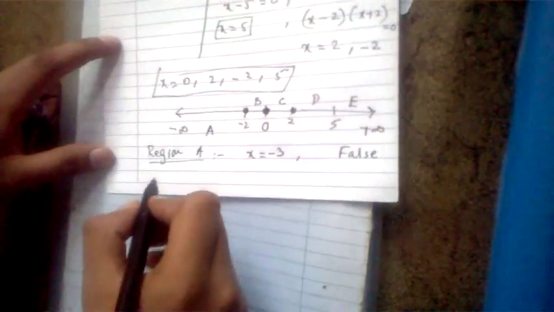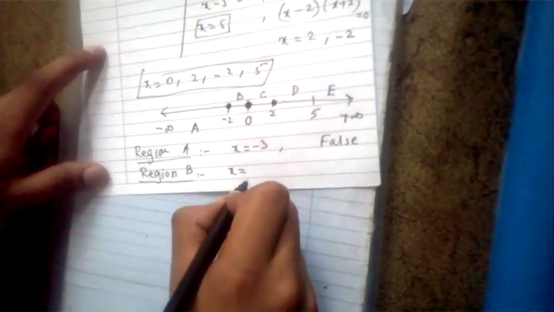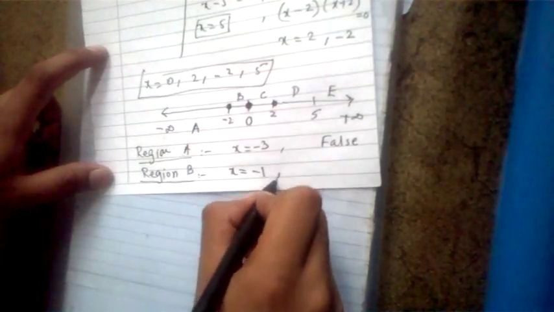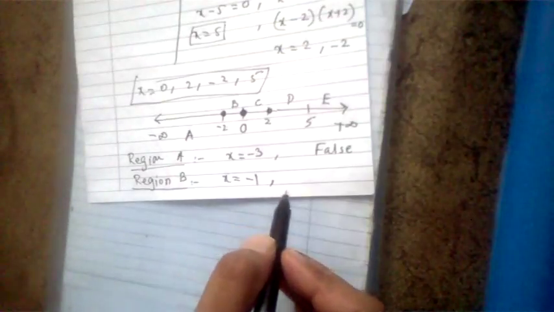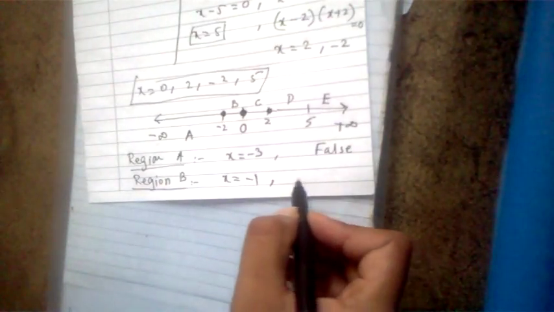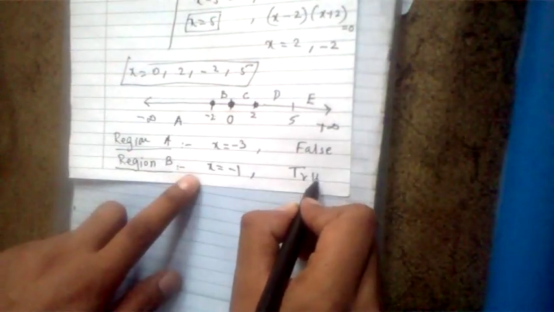Similarly, we will check out region B. One of the points in region B is x is equal to minus 1, and upon substituting this x is equal to minus 1 into your inequality, you will get it as true.